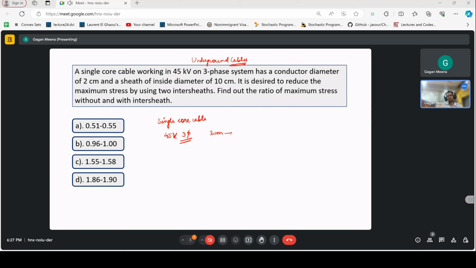It is desired to have 2 intersheaths. Now what is being done here? This is outer. Here we are adding 2 intersheaths, and it is desired to reduce the maximum stress. So we want to maintain the maximum stress and minimum stress as constant.